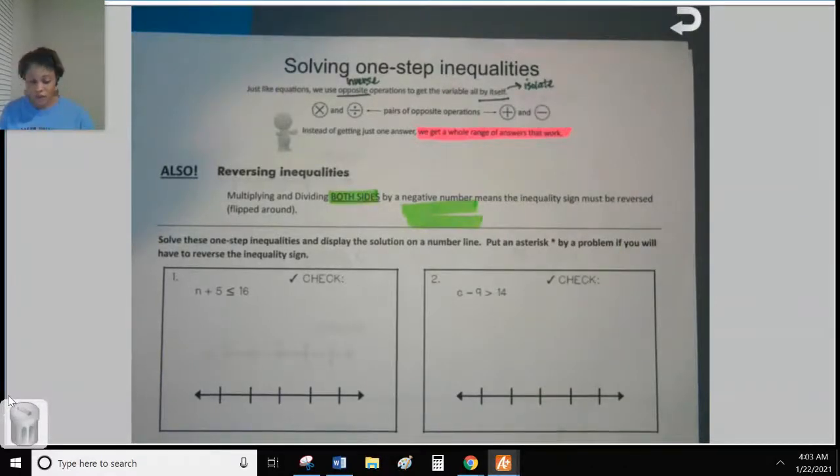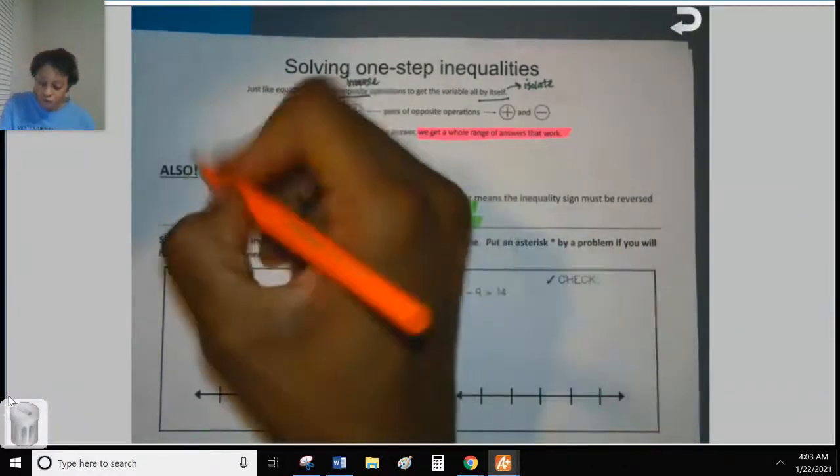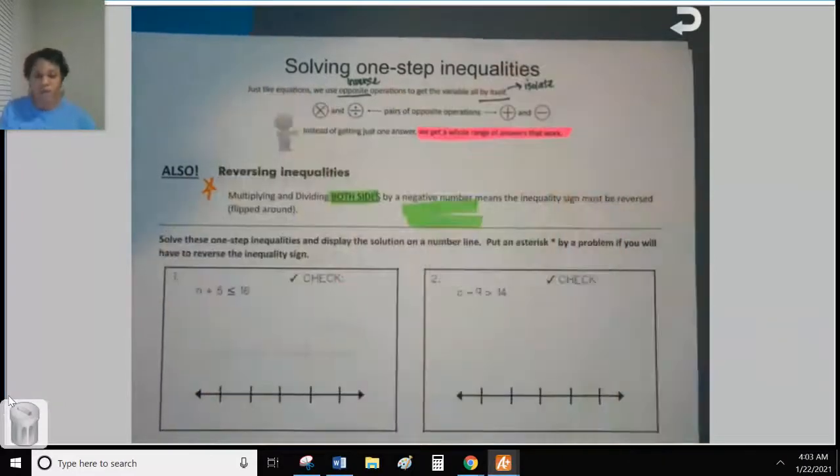So this is very, very important for us to know and remember. Anytime we multiply or divide, and this is only when we multiply and divide, we're going to take that inequality symbol and we're going to flip it around. And that's significant because if you don't, your answer won't make sense. Your graph won't make sense. It's very important that we remember to do that.